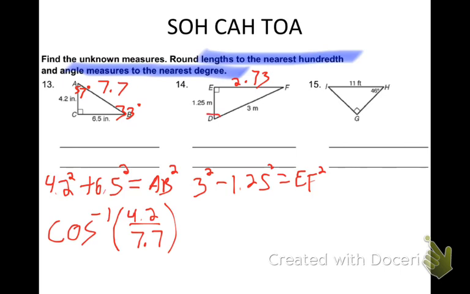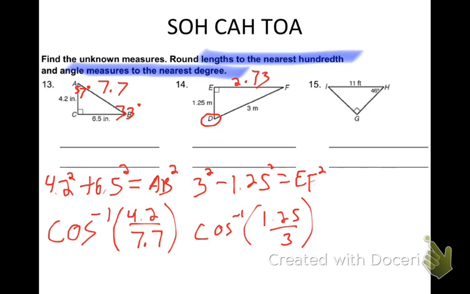D. Noah, which trig function would you like to use to find D? Cosine. So I'm going to do cosine inverse because I'm trying to find the degree. Noah, what 2 side lengths do I need to use then for cosine of D? Very good. So 1.25 and 3 because I need the adjacent and the hypotenuse. So I'm going to do cosine inverse of 1.25 over 3.